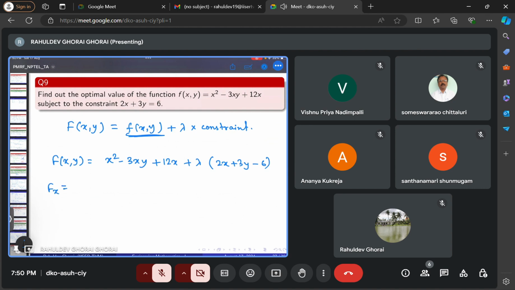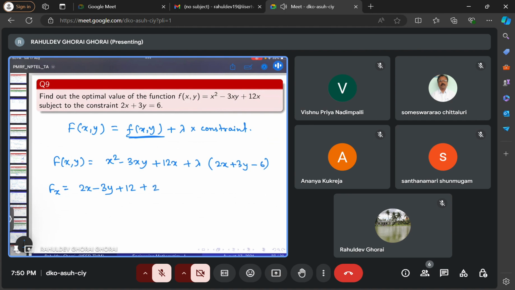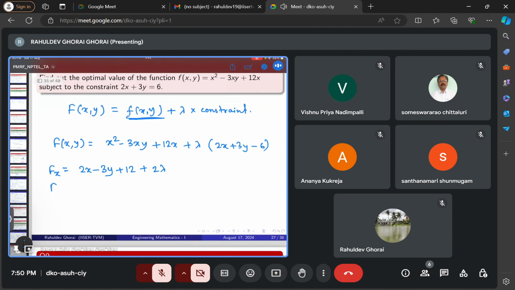Fx will be 2x minus 3y plus 12, sorry, Fx will be 2x minus 3y plus 2 lambda, right? And Fy will be minus 3x plus 3 lambda, right? And F lambda also we have to take here. F lambda will be 2x plus 3y minus 6, okay?